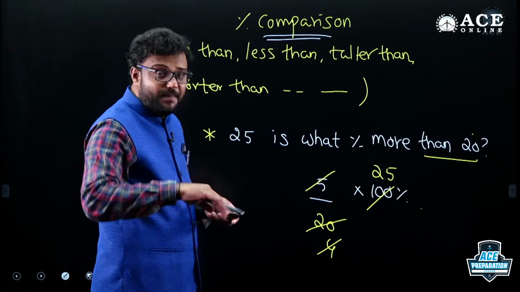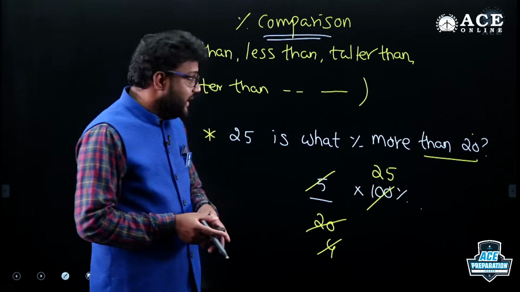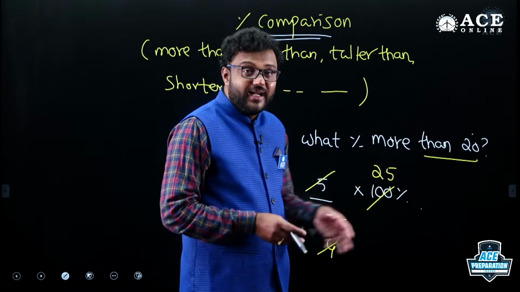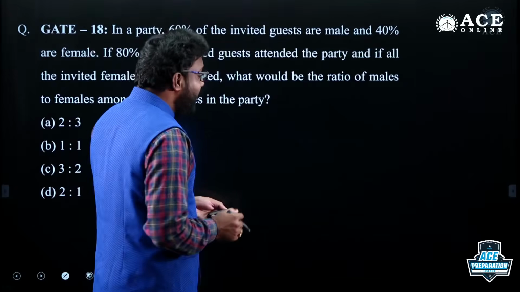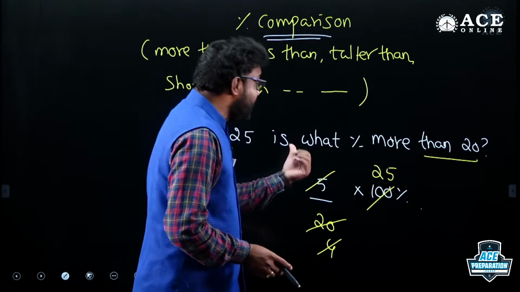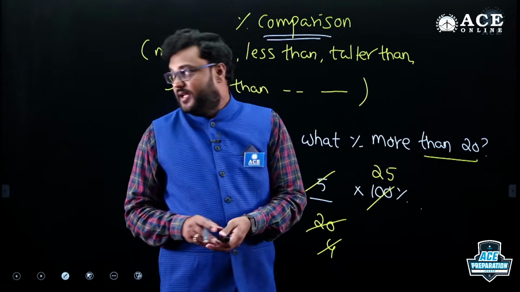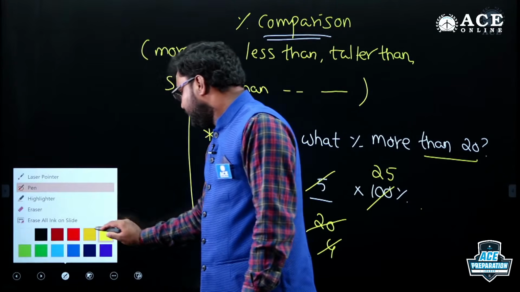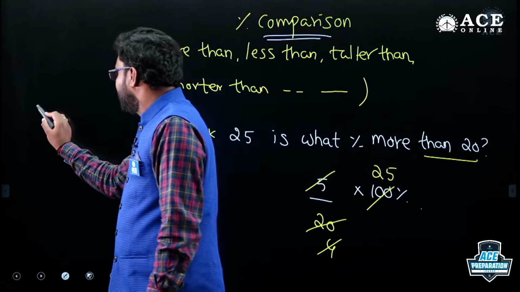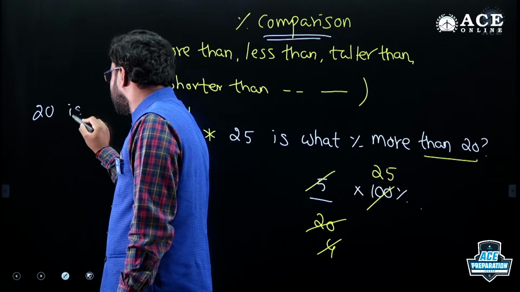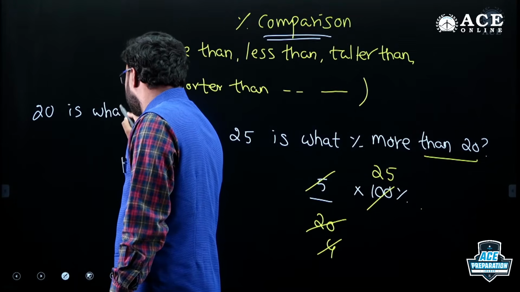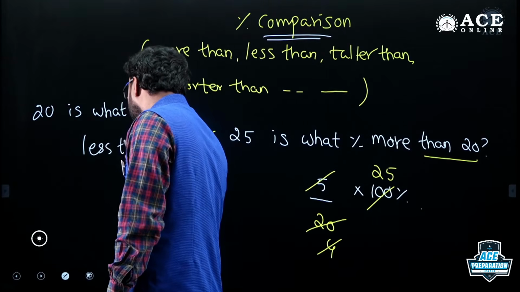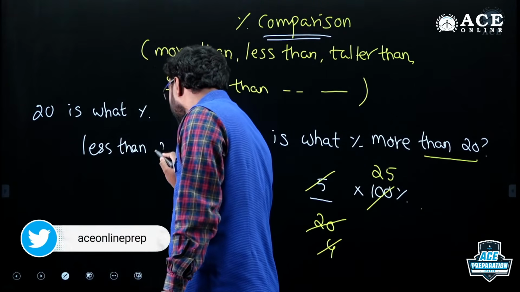Now see, a lot of people have a wrong perception that if 25 is 25% more than 20, then 20 is also 25% less than 25. They can ask you, 20 is what percent less than 25? My dear friends, if they ask the reverse, 20 is less than 25, right?